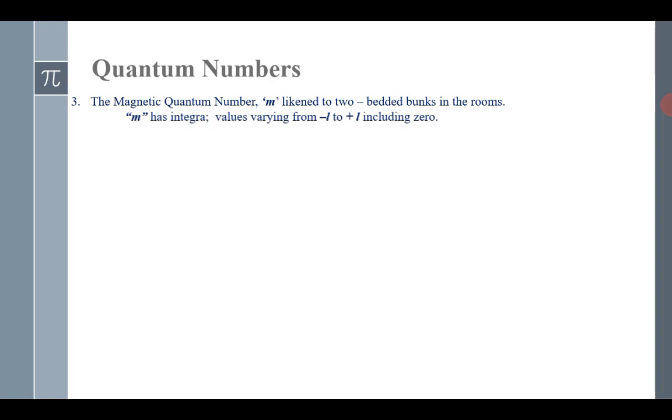It means including 0. It means if you start from -1, you end up with +1. If you start with -2, you end up with +2. But there must be 0 there.